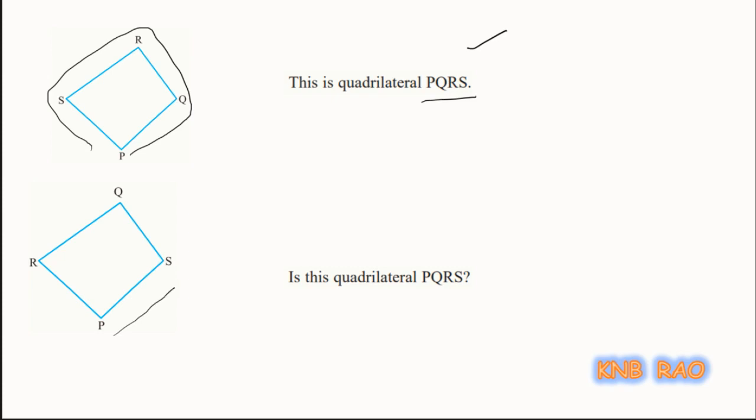Q is supposed to be beside P, but in the figure it is not. It's wrong, no? It is PSQR. Rather, it is quadrilateral PSQR, not PQRS. So we say no. So the cyclic order of the vertices of a quadrilateral must always be noted.